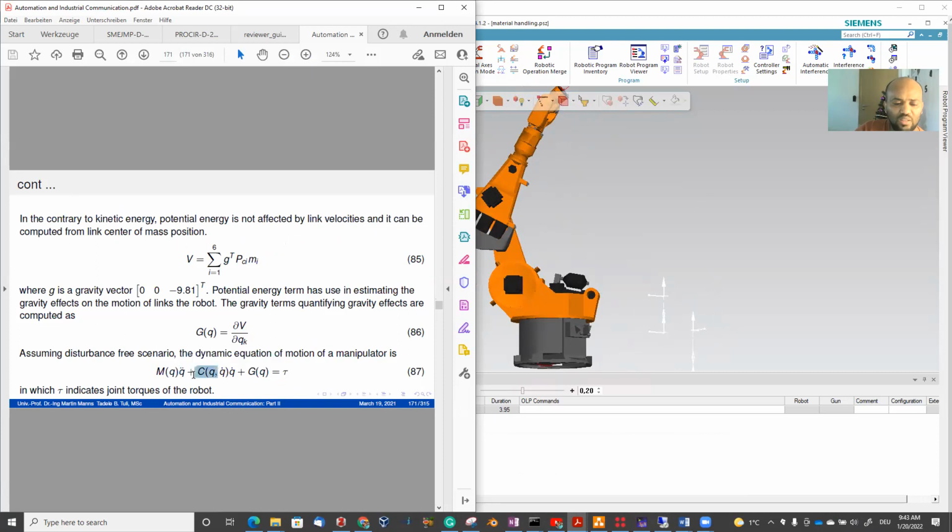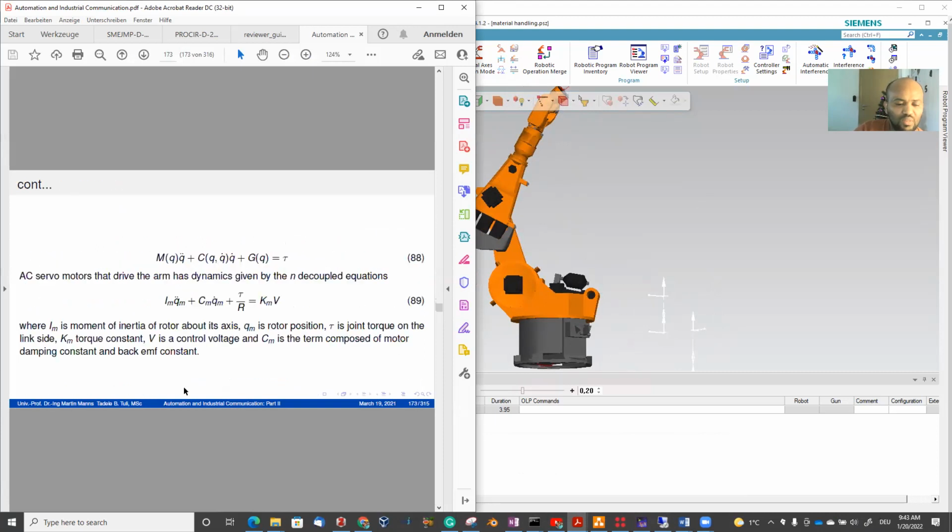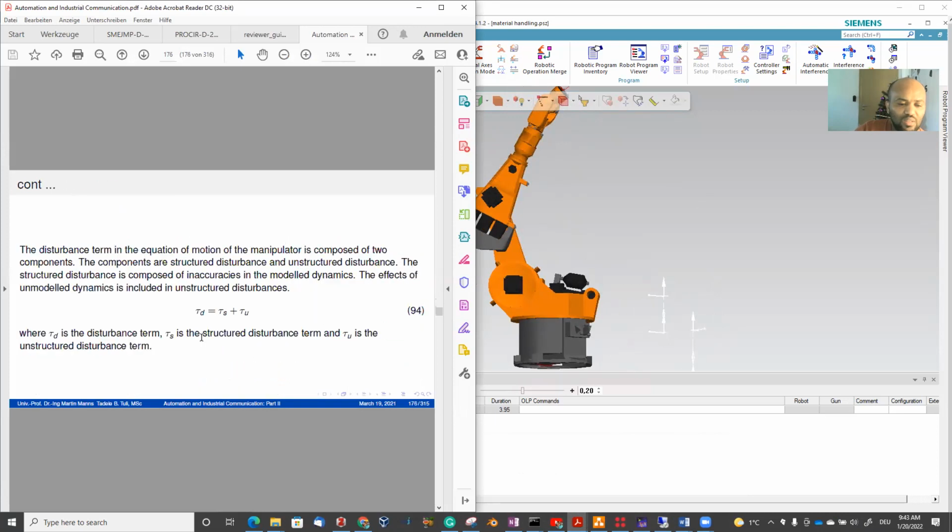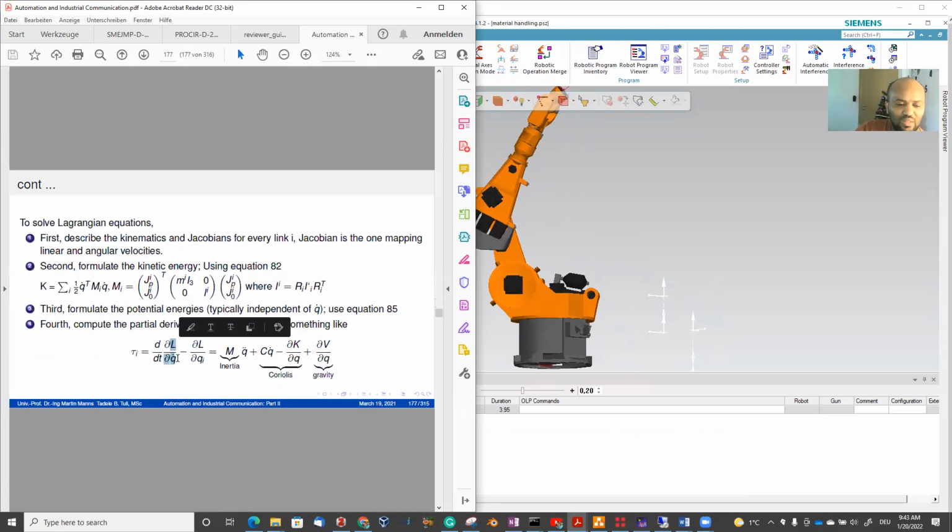What is acceleration? What is this Coriolis effect? What is gravity? Then what is Lagrange? What is the Lagrange formulation? What is the Newton-Euler formulation? How do you relate Lagrange with the Newton-Euler equation? Something like this is what you should be able to demonstrate.